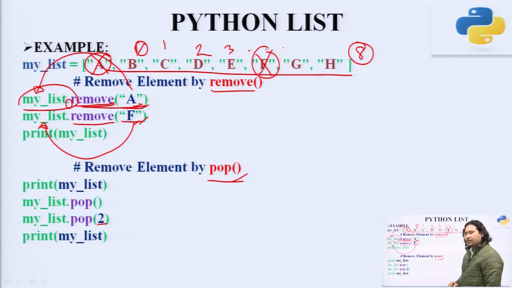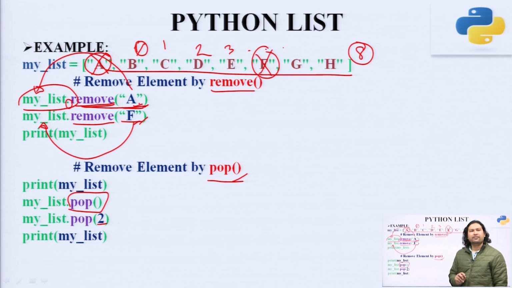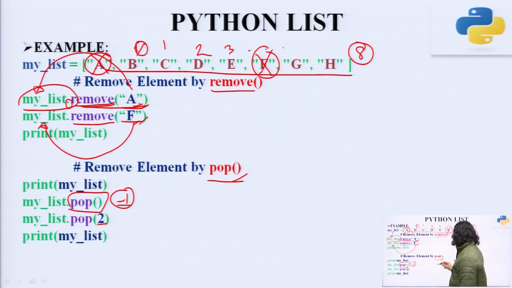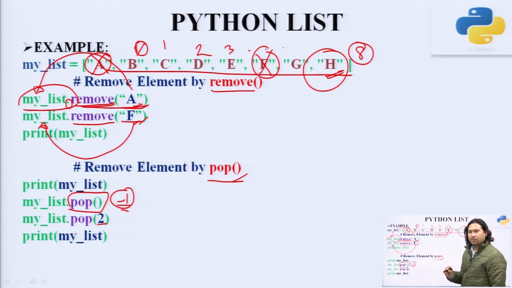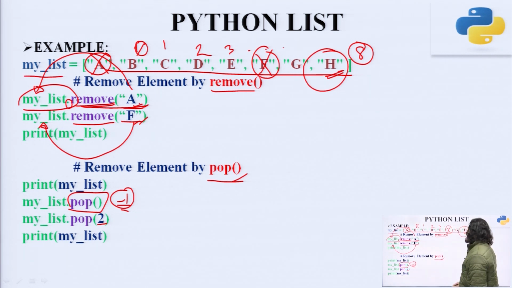The second advantage of pop is that if you use the pop method without giving any index number, by default the value is -1. That means, it will remove the element from the end. So, this pop will remove this H, because H is the last element inside your given list, that is myList.